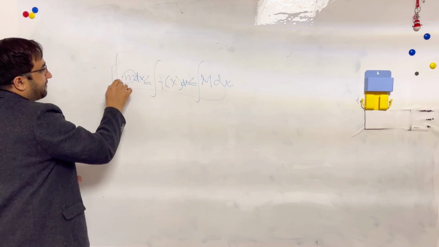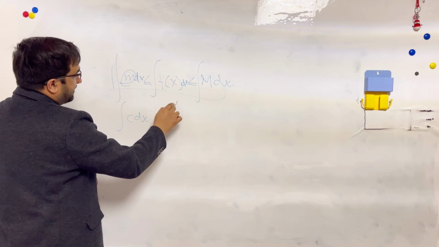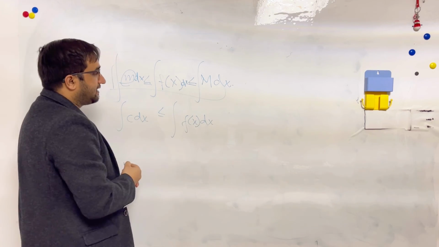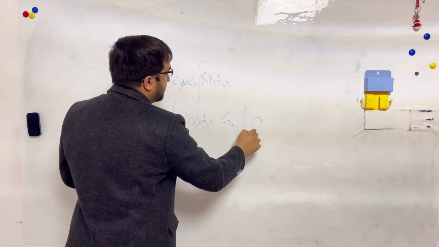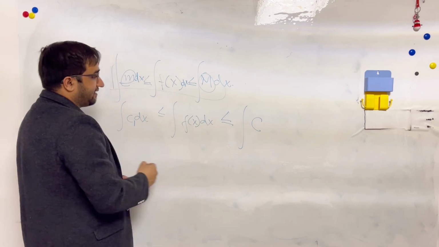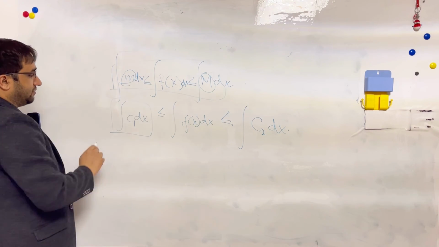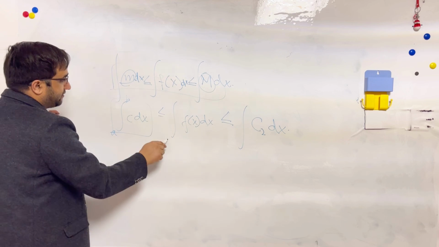What is m? This is a constant number, so it is just like the integral of c dx, less than or equal to the integral of f of x dx, since this is a function, so I will keep it like this. And this is less than or equal to the integral of what is M? This is another constant. If this is c1, this is c2 dx. And I know the rules for these two. The rule says whatever this constant is, keep the limits from a to b.